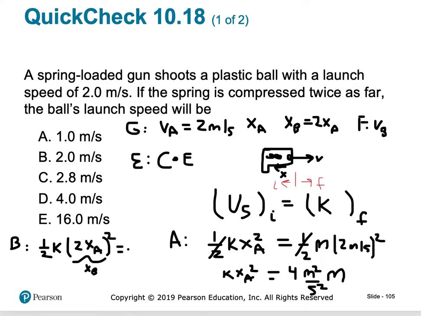And that is going to be equal to 1/2 mv squared, 1/2 m and vb squared. Once again, our halves drop out. And we have a k here. 2 squared is 4 xa squared. And that's equal to mvb squared.